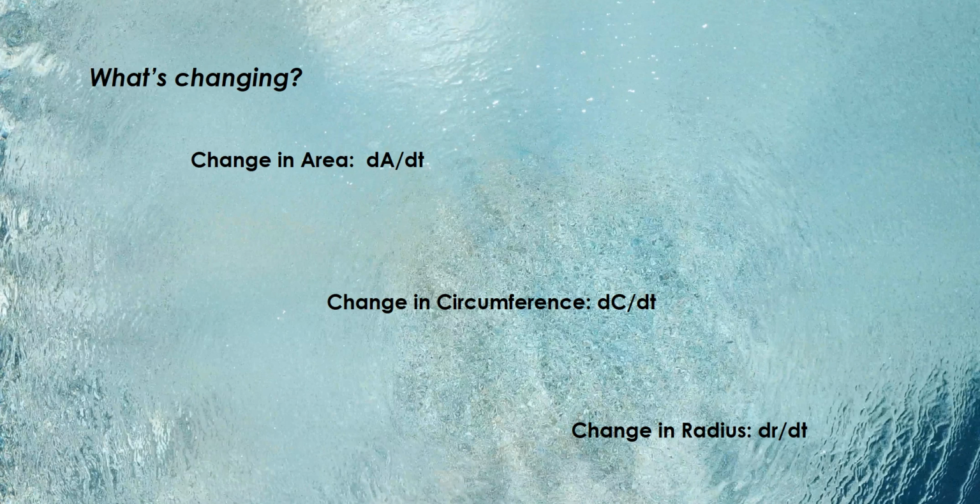Now some of you might have said, oh, the diameter is changing, and you're right, the diameter is changing, but the radius is half of the diameter, and therefore, relatively, even though radius is not equal to diameter, dr over dt is equal to dd over dt.